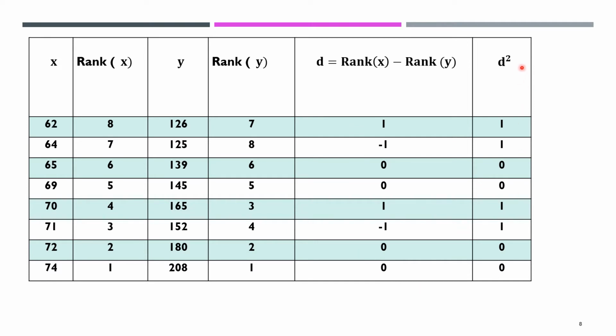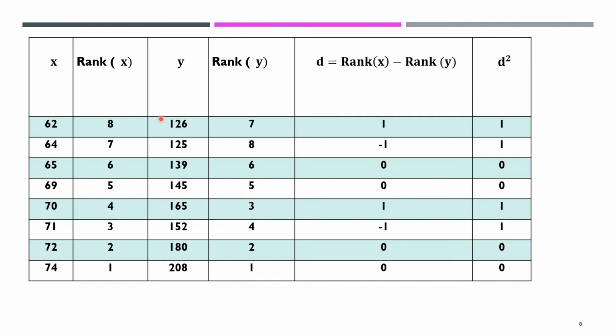Next we calculate D square: 1 square is 1, minus 1 the whole square is 1, 0 square is 0, 1 square is again 1, minus 1 square is 1, and again 0 squares are 0. Now we add all the values in the D square column: 1, 2, 3, 4. The summation D square becomes 4.